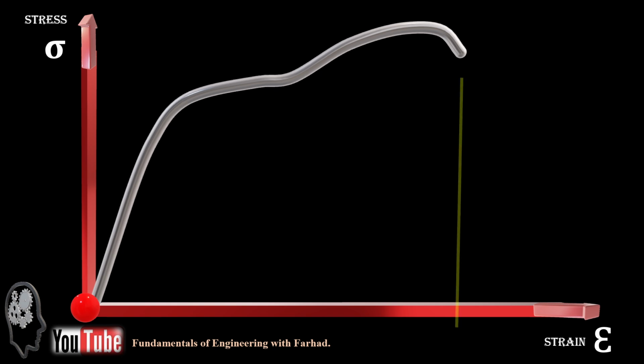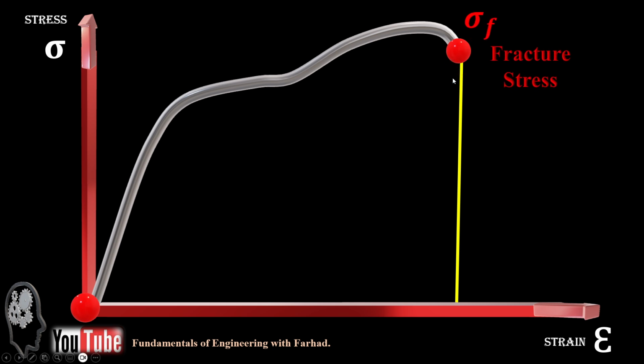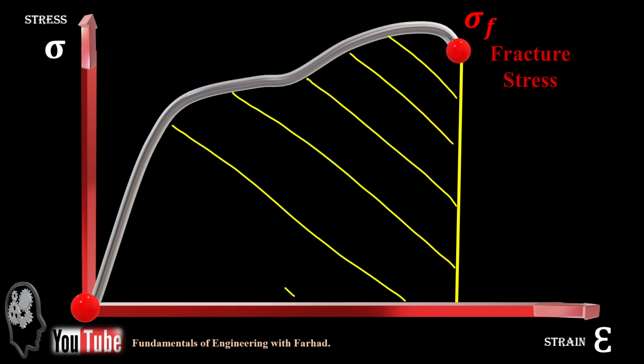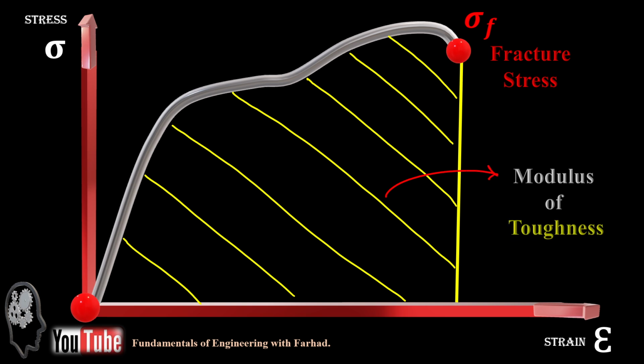And then if you draw a vertical line at the sigma fracture and consider the entire area of a stress and strain diagram, for example, a material like aluminum, steel, whatever you have, it is called the modulus of toughness of a material. It just shows how tough a material is.